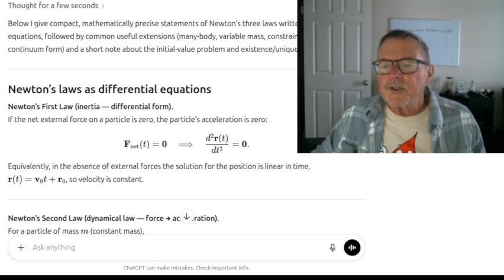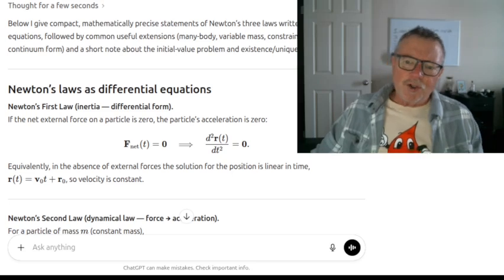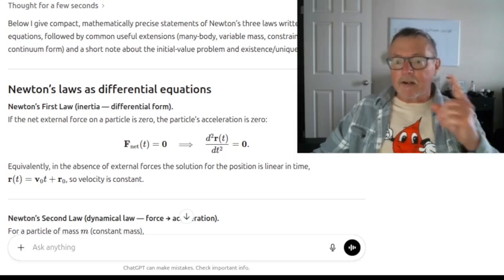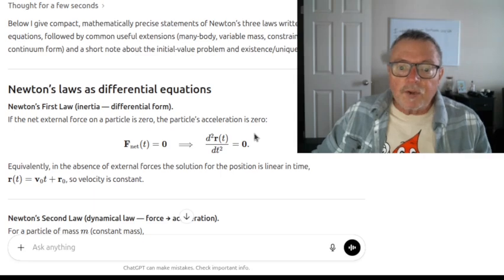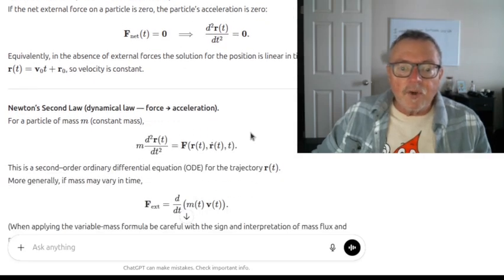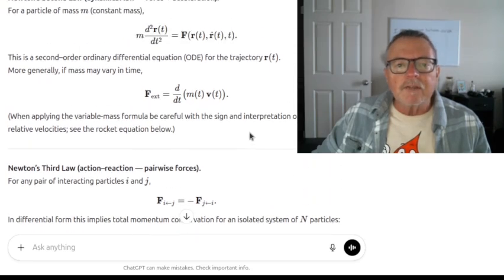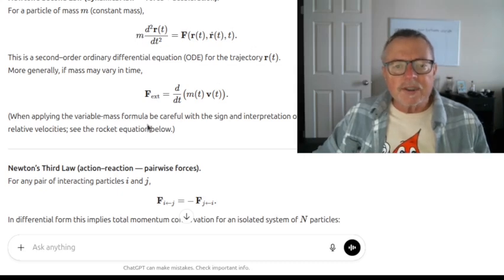Now let's go down to the most famous one. The second law. What do you rattle off? You say F equals ma, force equals mass times acceleration. But not so fast. Let's find out what it really looks like. What did Newton intend? Well, if we come up here, if I can position this correctly, this is one form of it, but this is the form that Newton said.